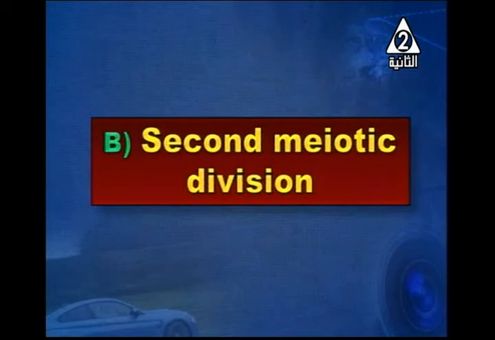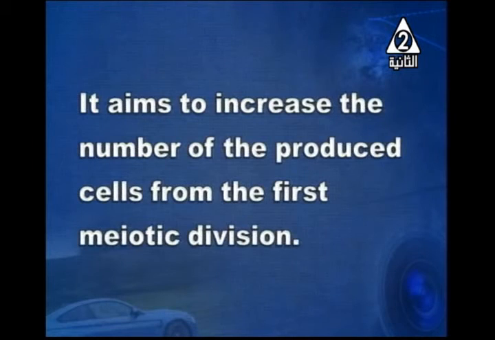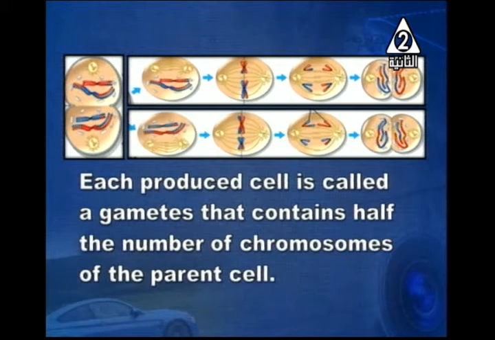The second meiotic division aims to increase the number of cells produced from the first meiotic division. Each produced cell is called a gamete and contains half the number of chromosomes of the parent cell.